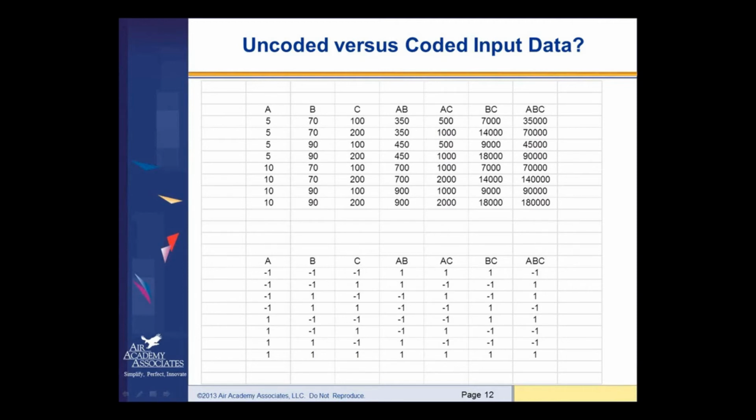So down here, when you take the coded values of A and B and C and you start multiplying them together, item by item, that is row by row, you will get a new matrix that has completely uncorrelated columns. Notice that the AB, AC, BC, and ABC columns, they all have 4 pluses, they all have 4 minuses in there. And each column, all 7 columns, have their own independent, uncorrelated profile. And that is a good scenario we want for analyzing and evaluating the results.